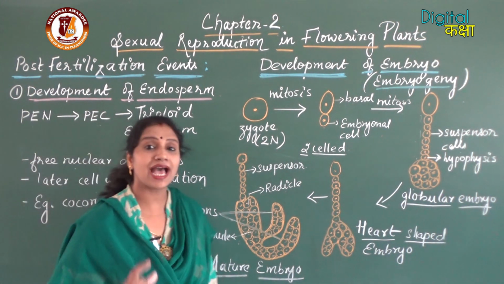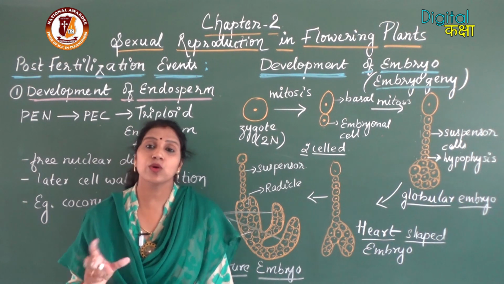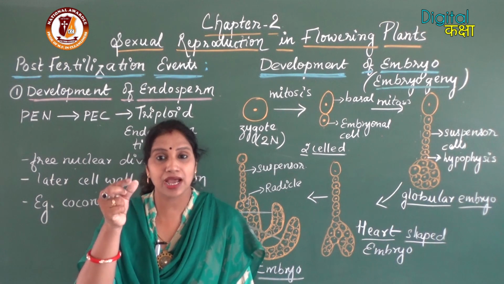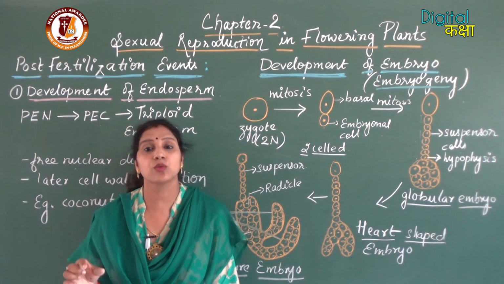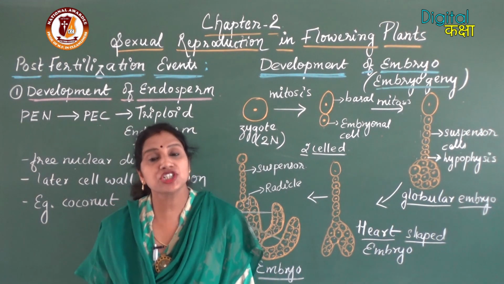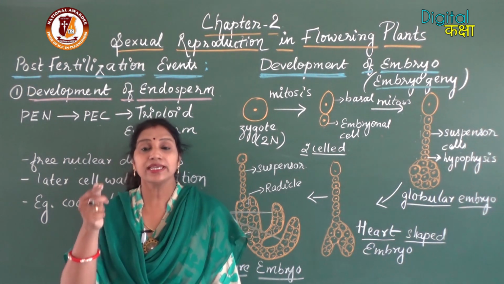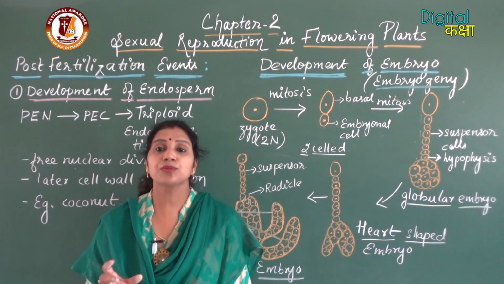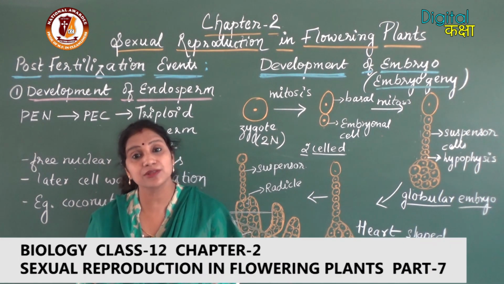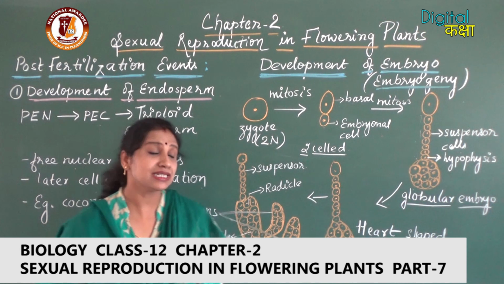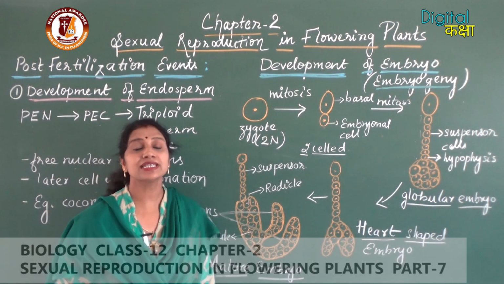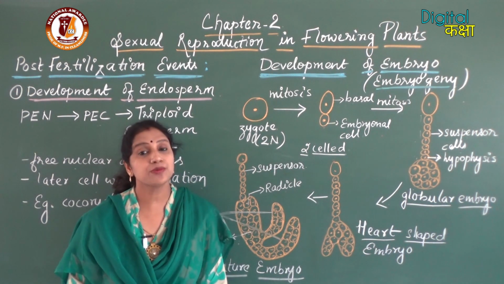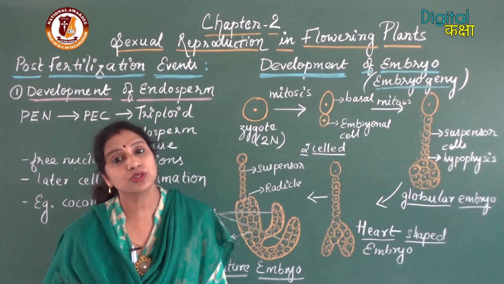Now you know that the radicle, or you can say the primary root, is always covered by a root cap which protects the root when it enters or moves along the soil. So that protection is provided by the root cap. And the hypophysis, which is the last cell of the suspensor, forms the root cap.